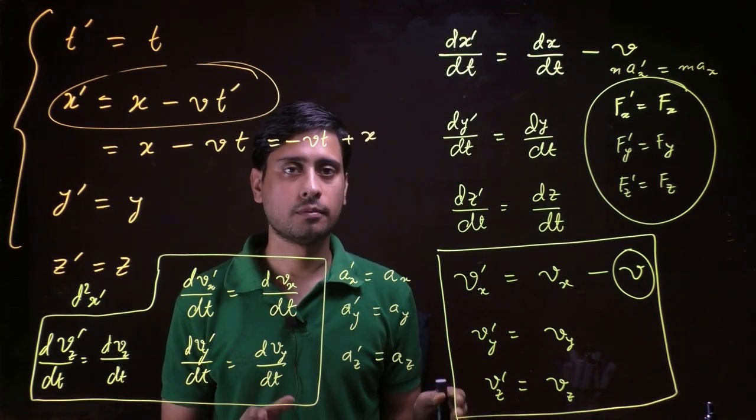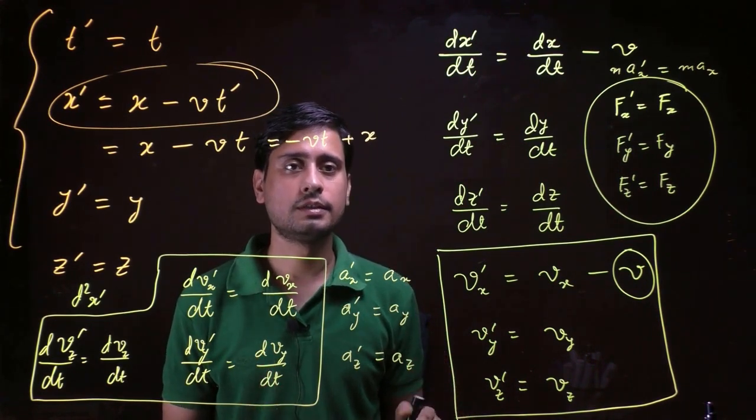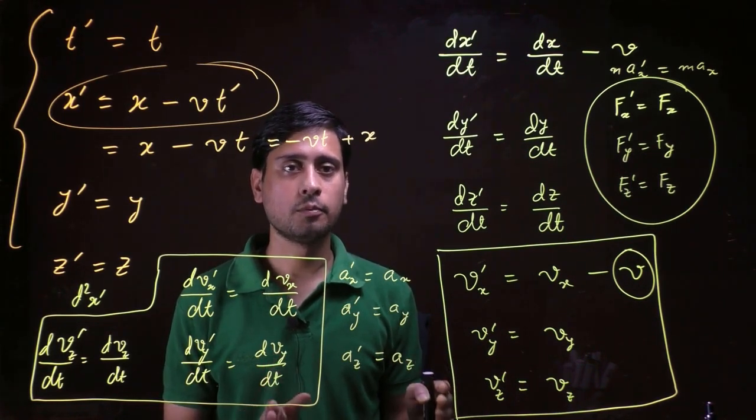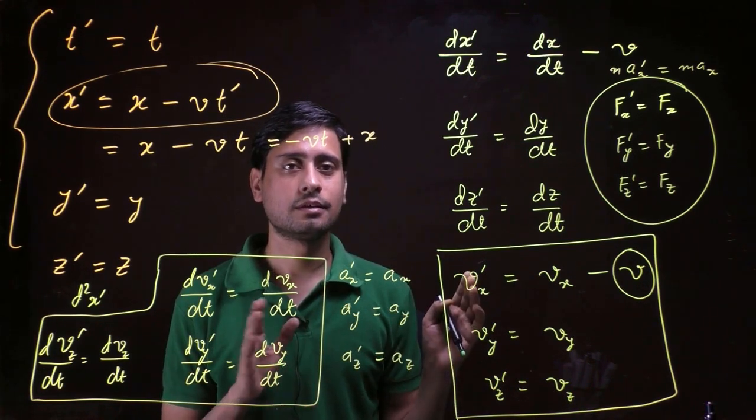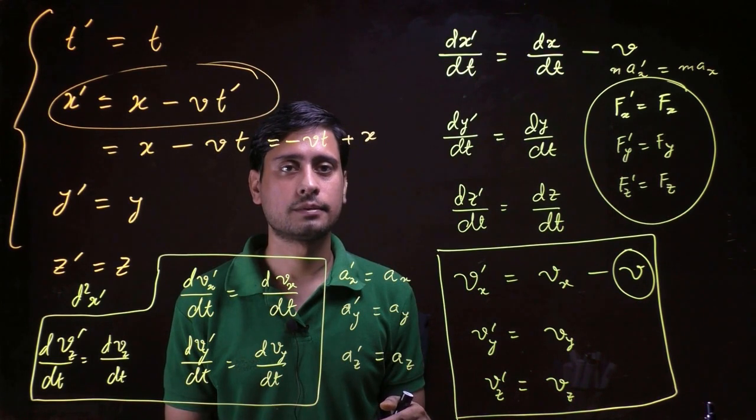We are using the word inertial frame, and an inertial frame means a moving coordinate system or a frame which is moving with a constant velocity with respect to a distant star or something like that.